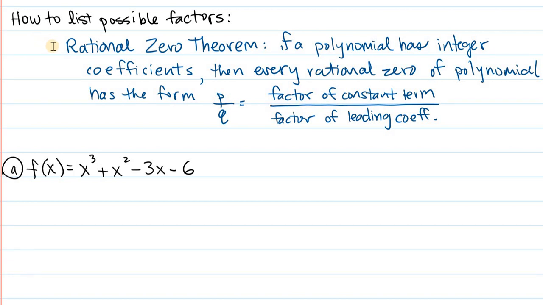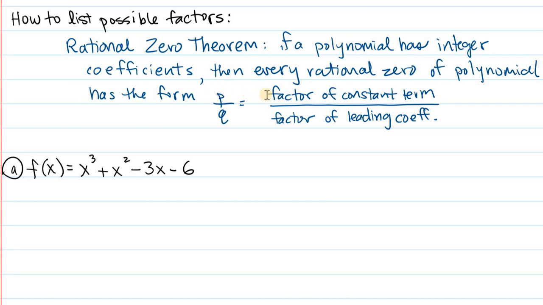There is a thing called the rational zero theorem, and it states that if a polynomial has integer coefficients, meaning positive and negative whole numbers, then every rational zero of the polynomial will be in this form. There can be irrational zeros, those are ones that would have square roots, but all the rational ones will be in this form.